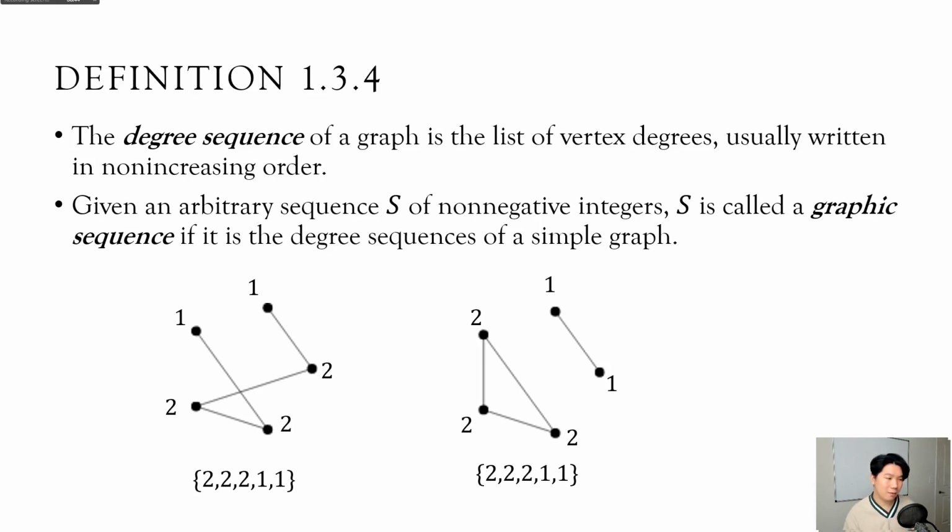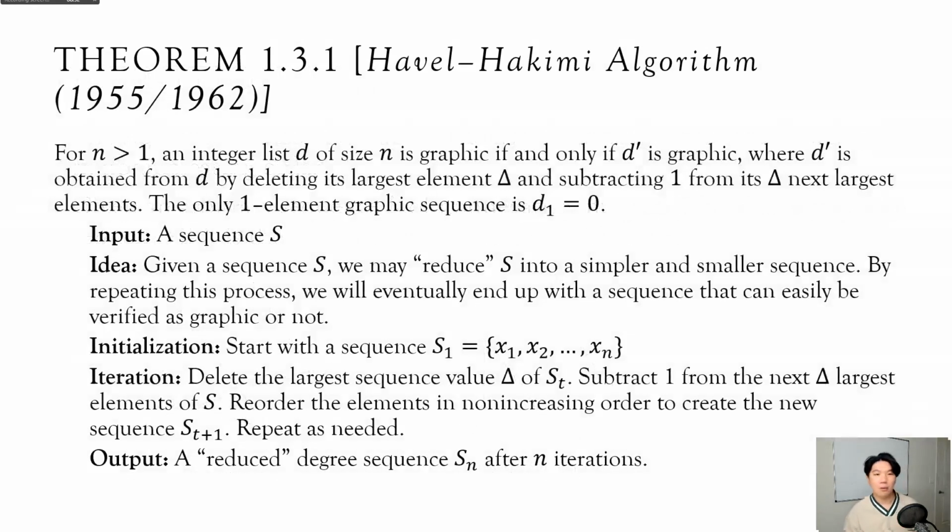So here we're going to introduce our first algorithm of the term. This next slide is going to be a little bit heavy on text. We have theorem 1.3.1. This is the Havel-Hakimi algorithm. This was discovered separately by 2 different mathematicians, first by Havel, I believe, in 1955, and Hakimi in 1962.